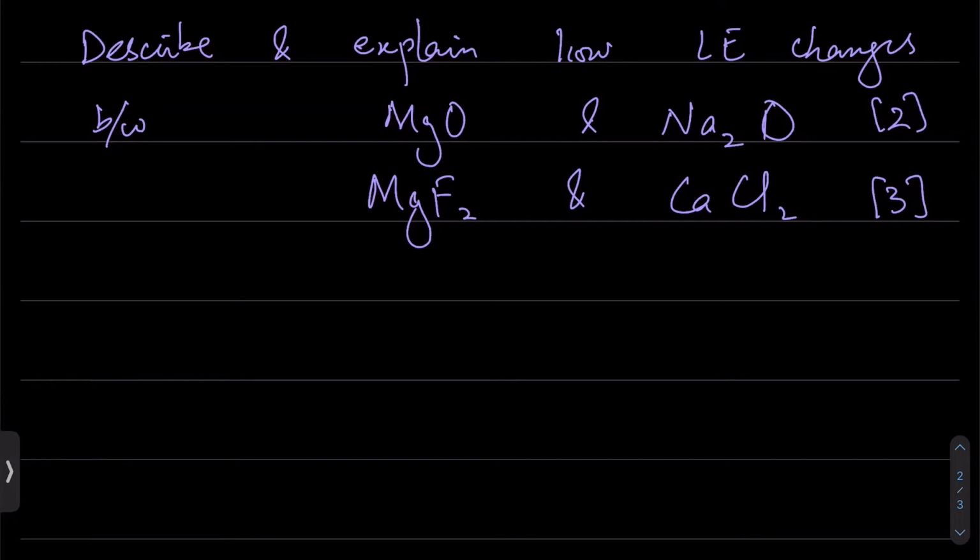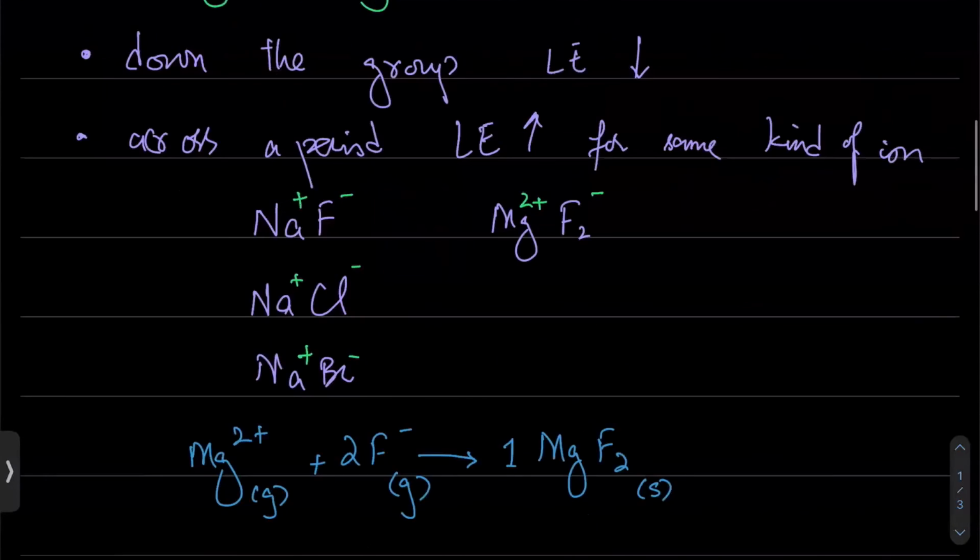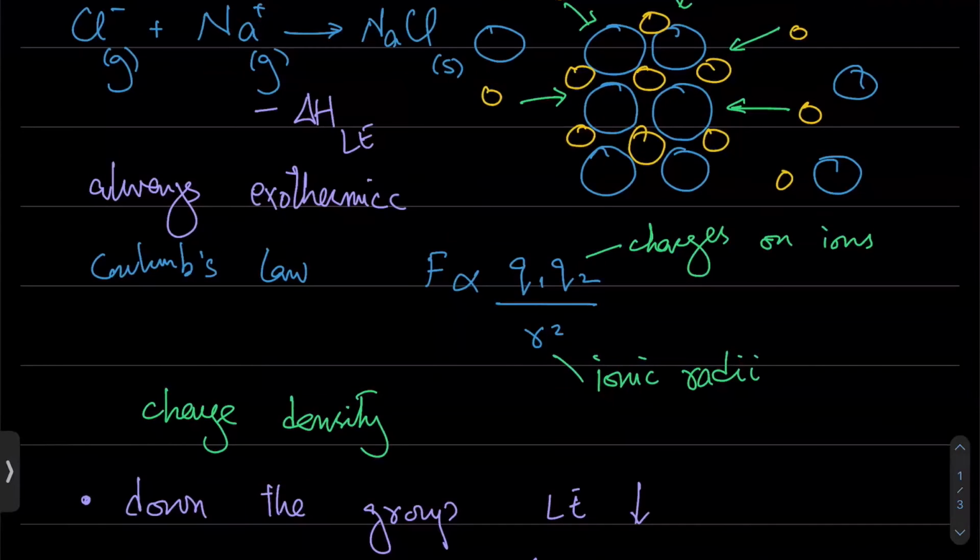So that is from AS, but let me just remind you of what it is. There were 3 factors that affected the ionization energy, and they were all about how the force of attraction between the nucleus and the electron that is leaving the nucleus changes. So again, it is all a manifestation of Coulomb's law. That same Coulomb's law will keep coming up again and again wherever you try to affect charges.